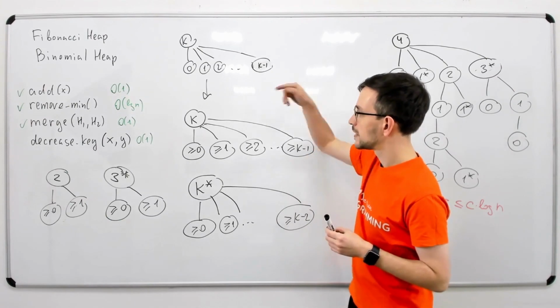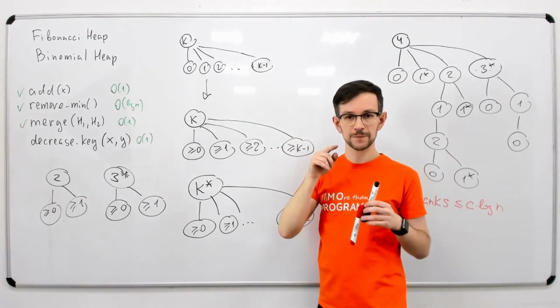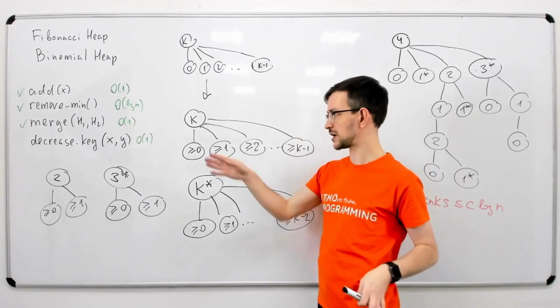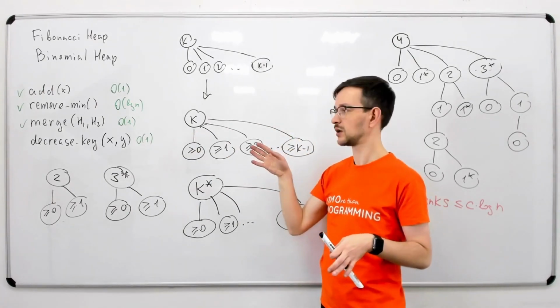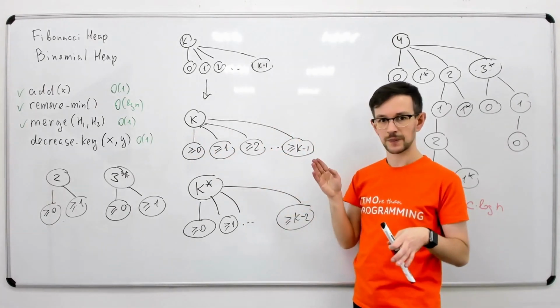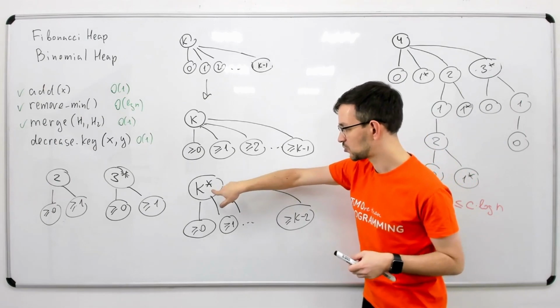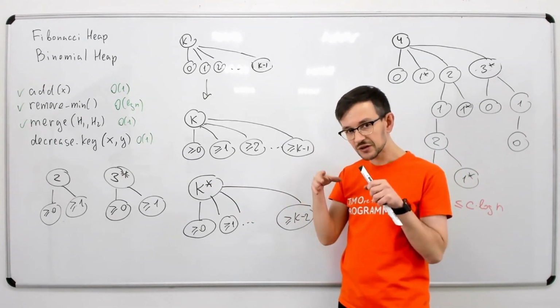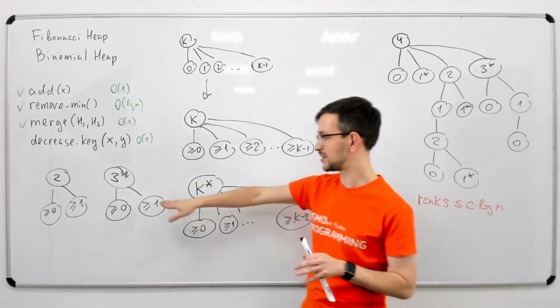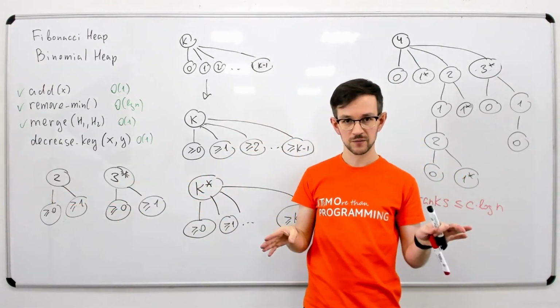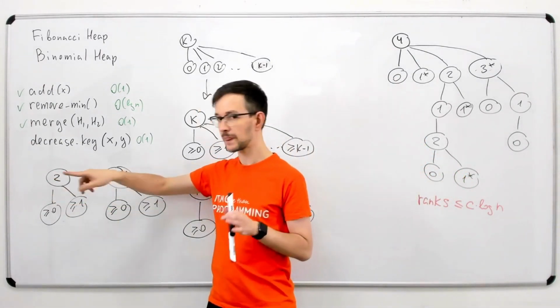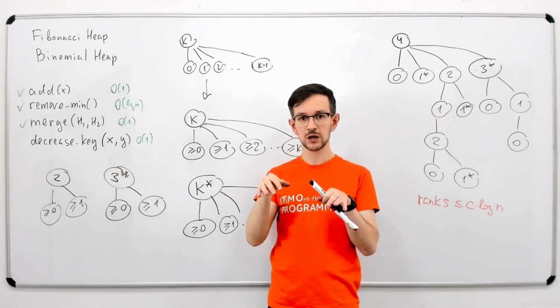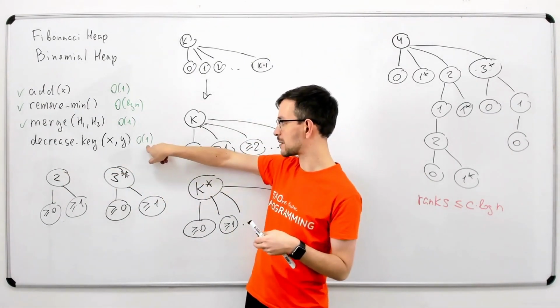So this tree of rank k is just a normal tree of rank k, so it has k children with these ranks. And this tree is a tree of rank k with one child removed. So it's different. Again, these two trees look exactly the same, but these ranks are different. And we maintain these ranks, and it will help us to make this time complexity constant.